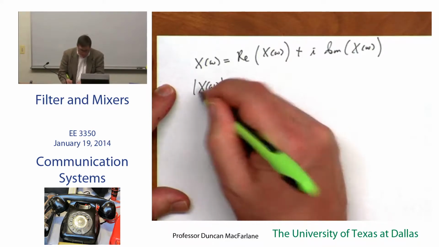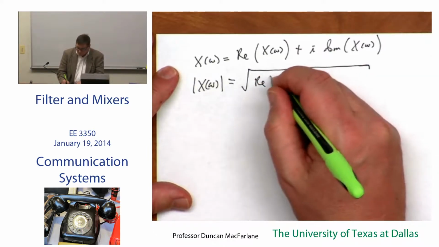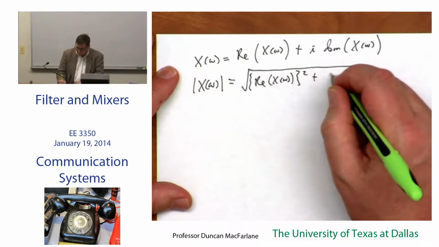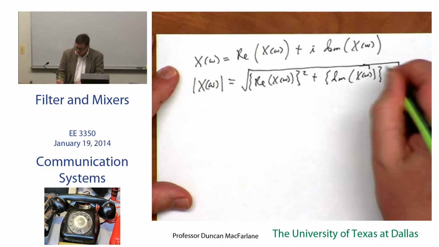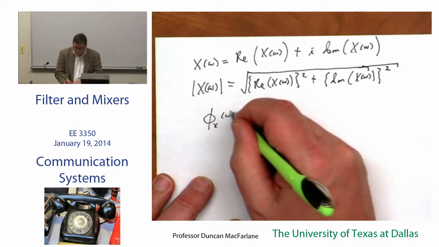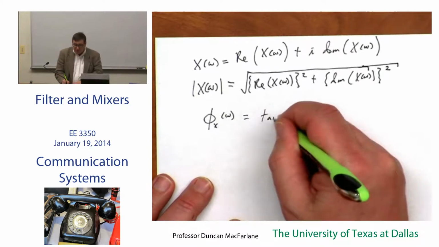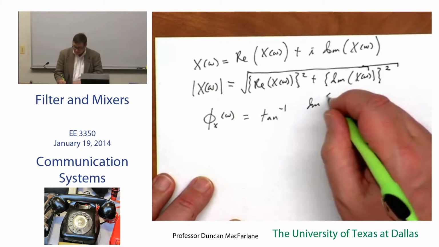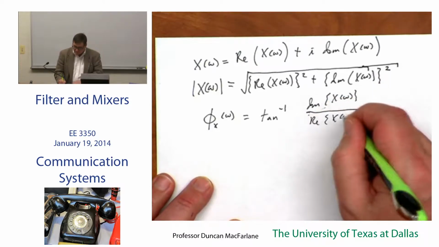The magnitude of X of omega is equal to the square root of the real part squared plus the imaginary part squared, and the theta, which I'll label as the phase of X, is equal to the inverse tangent of the imaginary part of X of omega divided by the real part of X of omega.